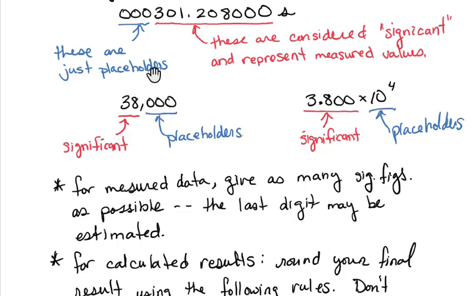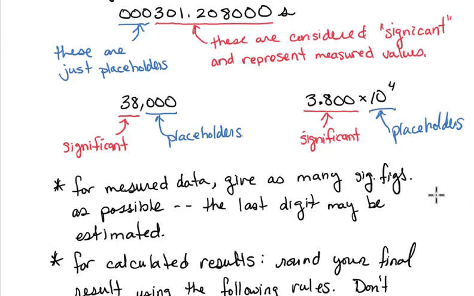Now if you wanted all of these to be considered significant, and basically meaning it is 38,000, and I know all of these zeros very precisely, so it's not roughly 38,000, it is 38,000, you could write it this way. You could write it in scientific notation. But I suppose an easier way to do that would just be to put a decimal back here. And if you put a decimal right here, I would assume then that all of these digits were well known.